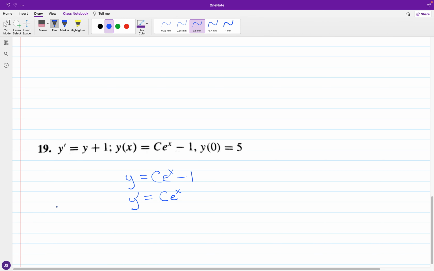And we can verify. Okay, so you have y prime at c times e to the x is equal to y plus 1, so for y, again, you have c times e to the x minus 1, followed by the addition of 1. Negative 1 plus 1 will go out. C times e to the x is going to be equal to itself.